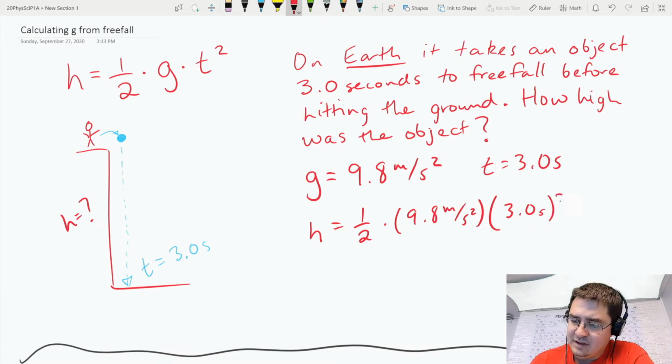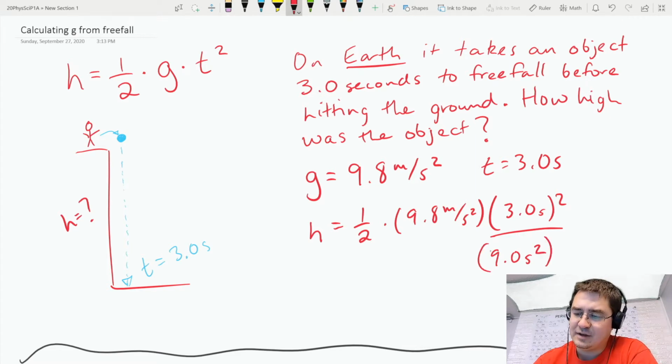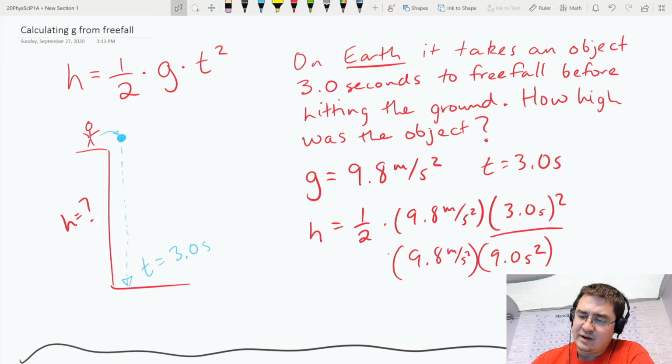Order of operations, I know you guys probably are talking about this in math. You do your exponents before your multiplication. So I'm going to do 3 times 3, right, to square it. So that's equal to 9. So that's 9 seconds squared now. Now I've got that.